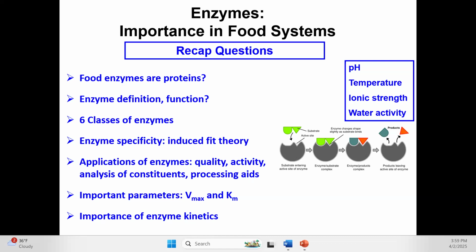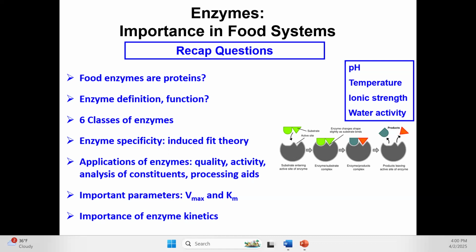Importance of enzyme kinetics: whenever you want to set up an enzymatic reaction, whether during processing, or you want to understand how you can inactivate the enzyme, or if you want to set up an analysis where you use enzyme to determine glucose content, for example, you really need to understand kinetics. You need to get the Vmax and the Km characteristics.